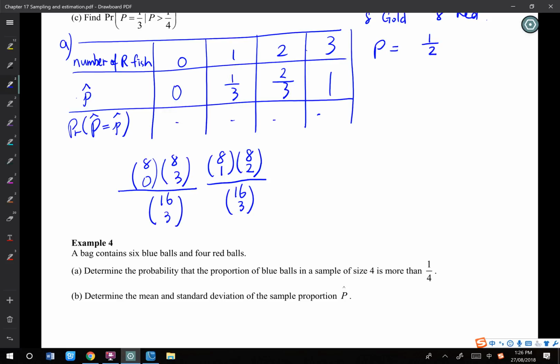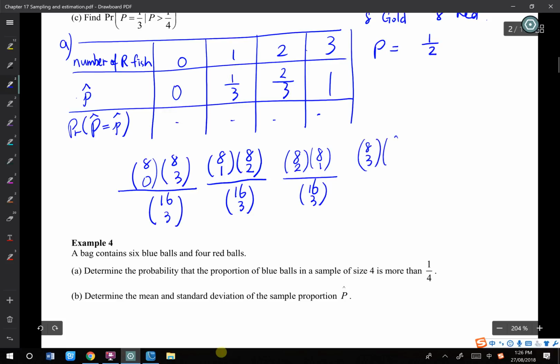The favorable number divided by the total number gives me the probability. For this one, I have 8 select 2, 8 select 1, over 16 select 3. And for the last one, I want 8 select 3, 8 select 0, over 16 select 3 as well.